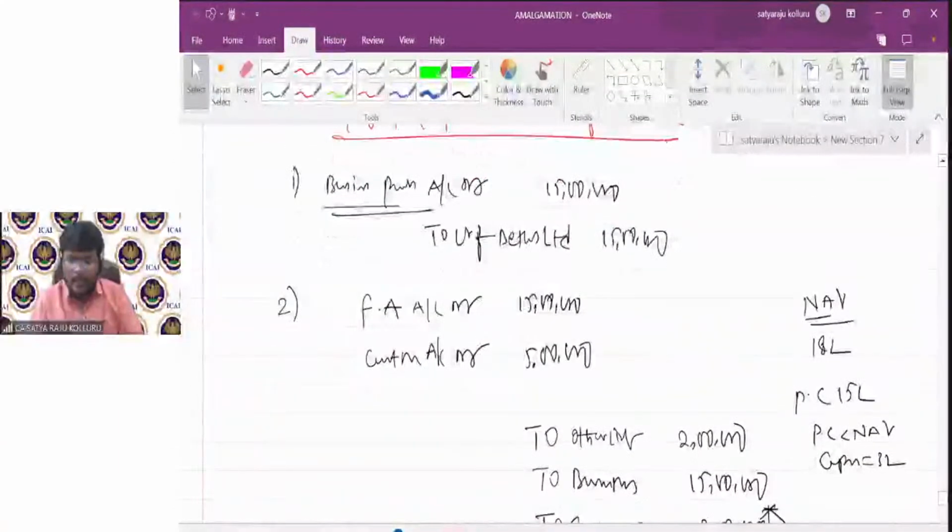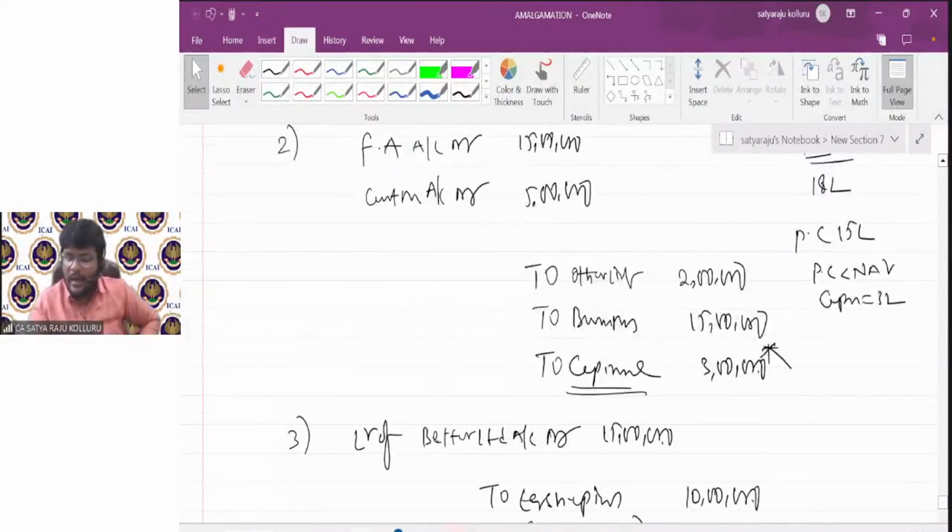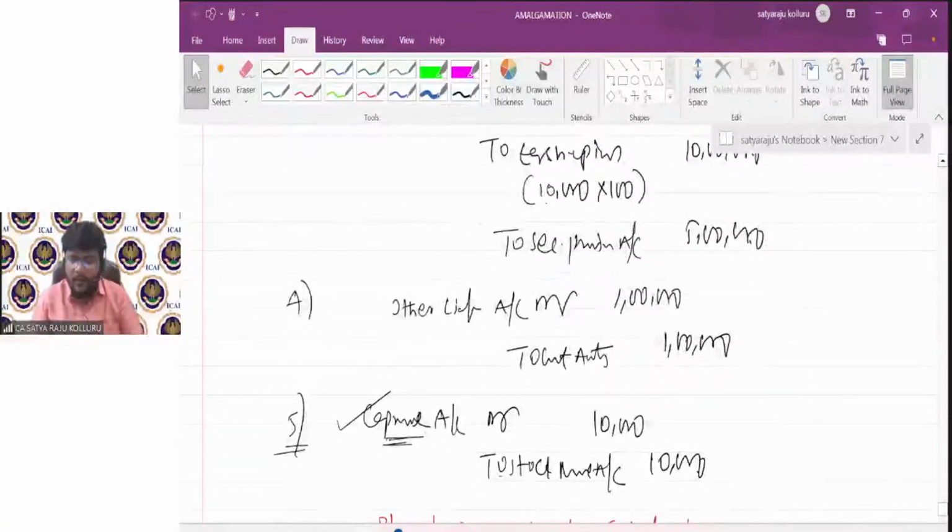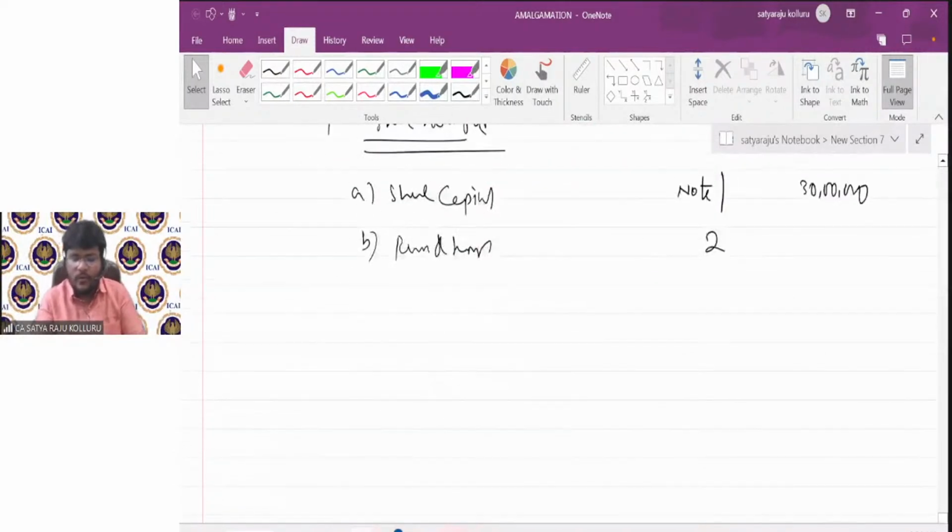Now, in entry number 2, we have capital reserve of 3 lakhs, and in entry number 5, there is a debit of capital reserve of 10,000. 3 lakhs minus 10,000 is 2,90,000.